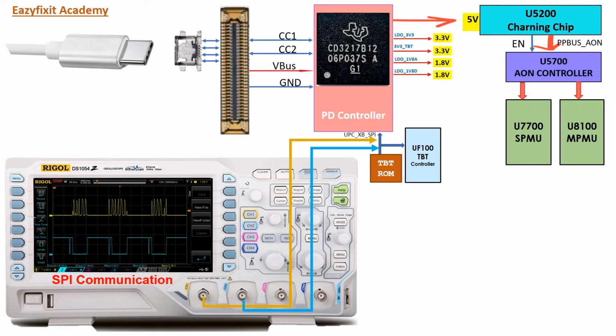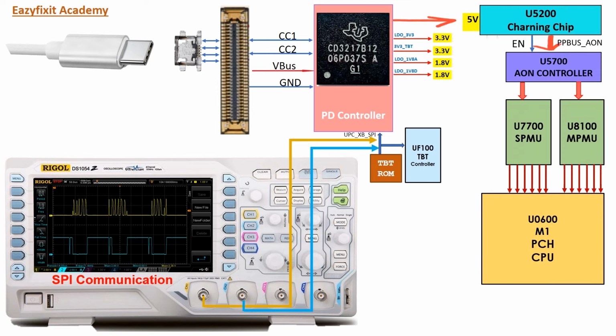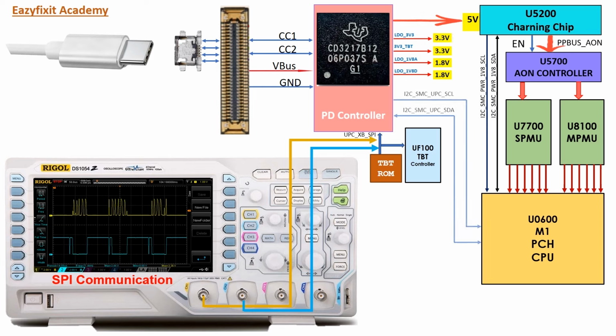After that, the charging IC generates a power called PPBUS_AON. At the same time, it sends an enable signal to U5700, which is the AON controller. The AON controller generates a power called PP3V8_AON that goes to the main PMU and the slave PMU, and both PMUs turn on.